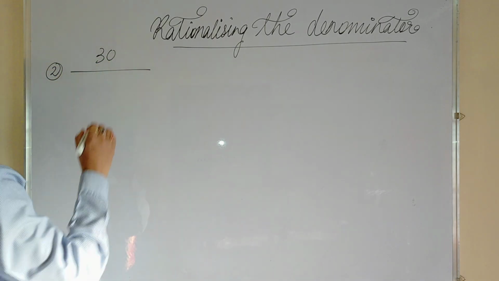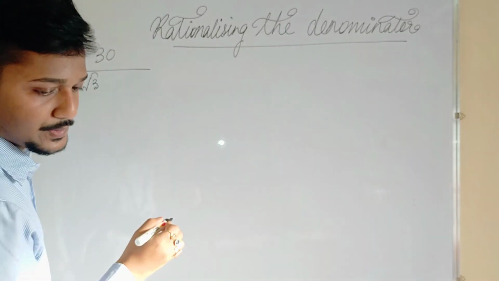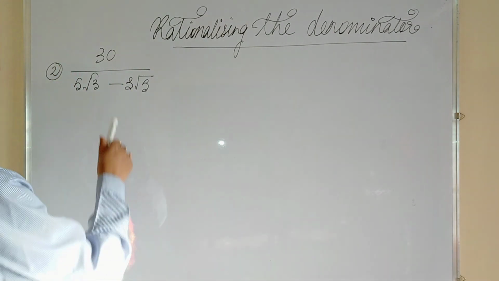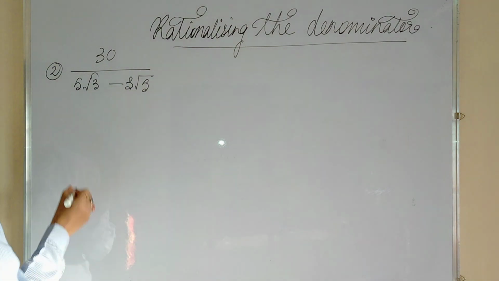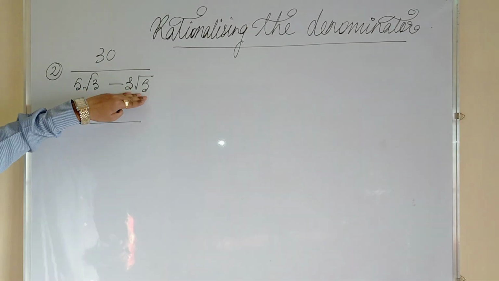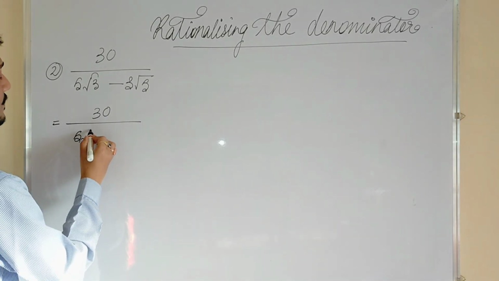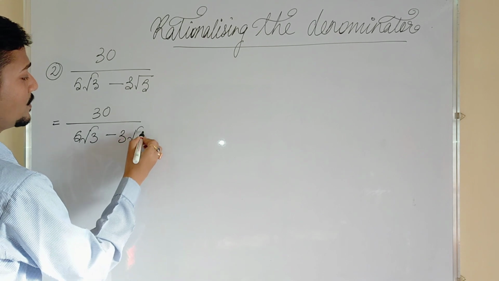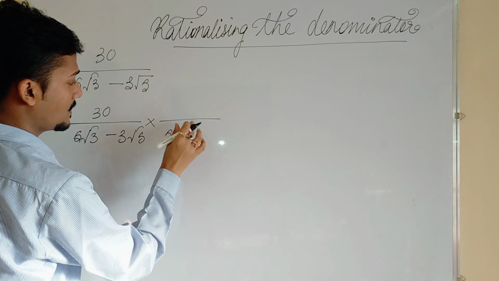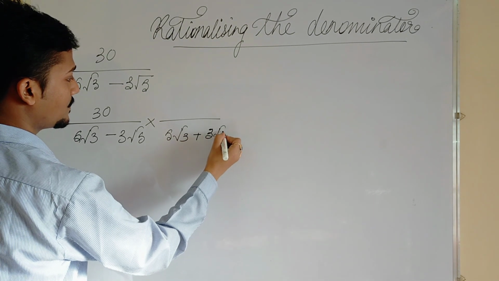30 by 5 root 3 minus 3 root 5. Now see, a minus b, I will multiply it with a plus b, is it not? So 30 by 5 root 3 minus 3 root 5 into 5 root 3 plus 3 root 5.